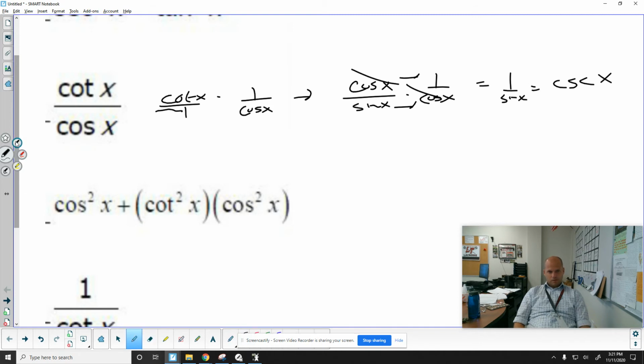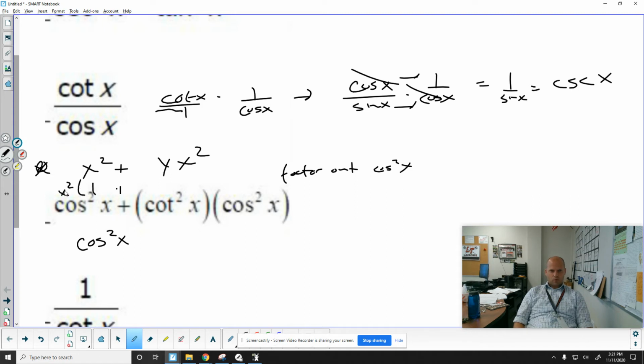See, look, sometimes I struggle with this. I'm going to factor out cosine squared. If I factor out cosine squared, it's like x squared plus yx squared. X squared gets factored out. You have 1 plus y, right? So cosine squared gets factored out.